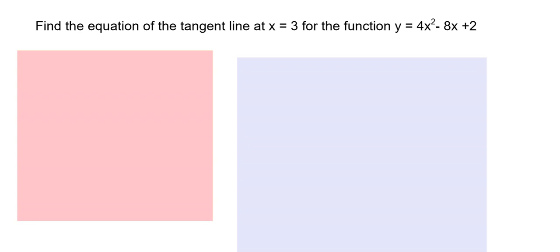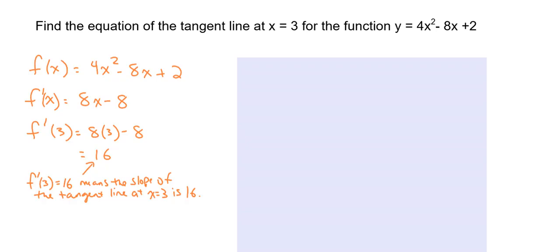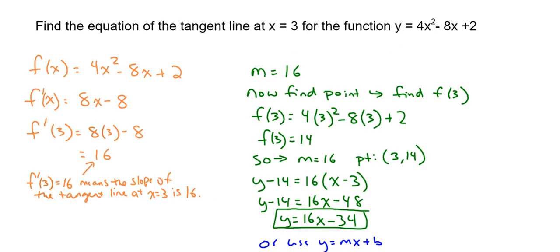All right, hopefully you've done it, and let's see. So here's the derivative, and we plug 3 in, and we got 16 is the slope of the tangent line at x equals 3 on this curve. And so now we need our point. And so when we plug 3 into our function, we get 14 for our y value. So here's our point.